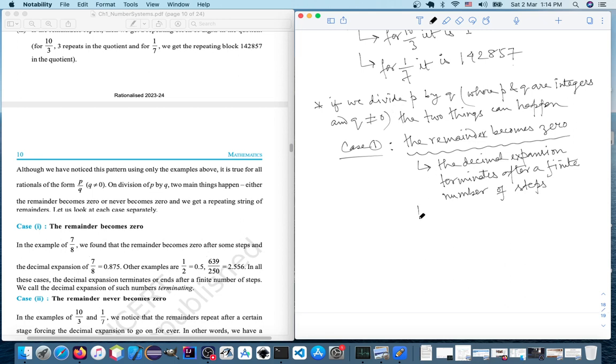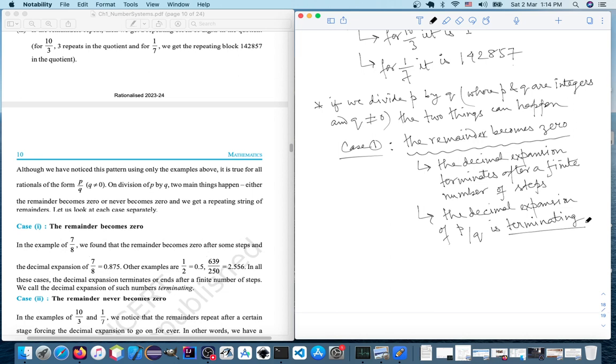Okay, so we say the decimal expansion of p by q is terminating. This is an important term, terminating.